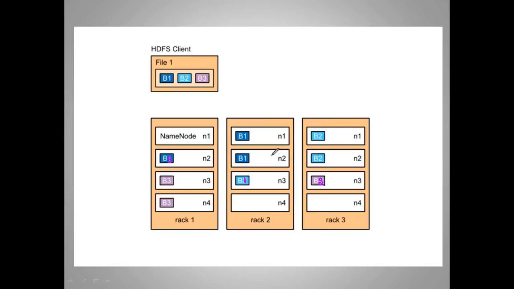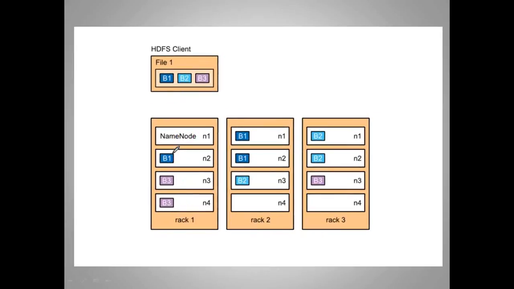If you make all three copies in the same rack, obviously you'll have very instantaneous output to the client, because it will always be a rack level connection. But what if the rack gets failed? Since it is node level connectivity, the data will be served to the client instantaneously. But what if the entire rack failed? Obviously there is a hazard of losing one of the blocks from the file. That's not the right approach.